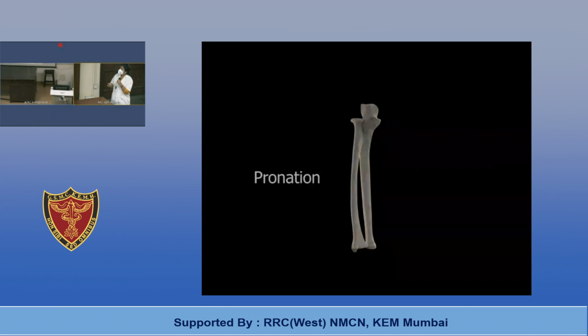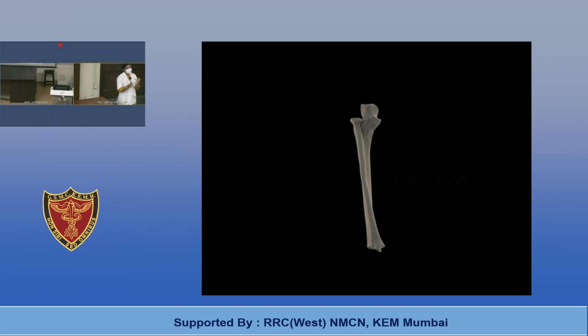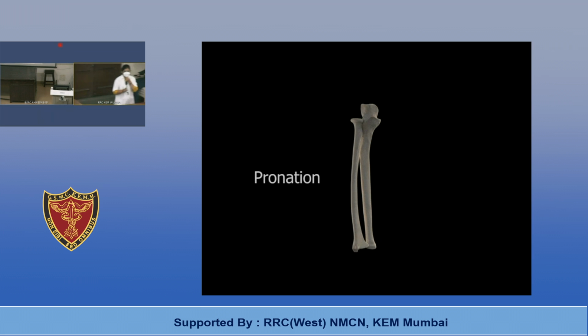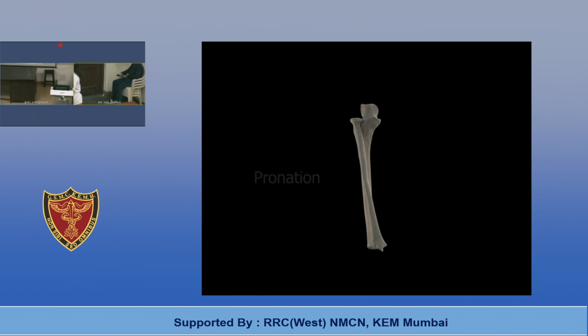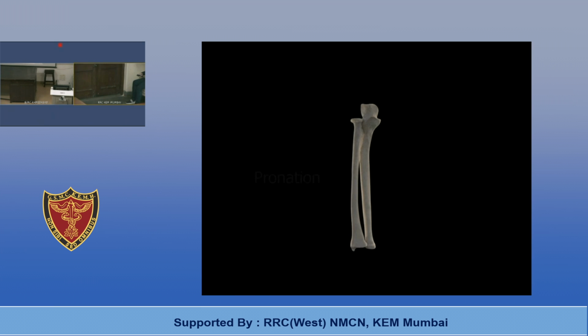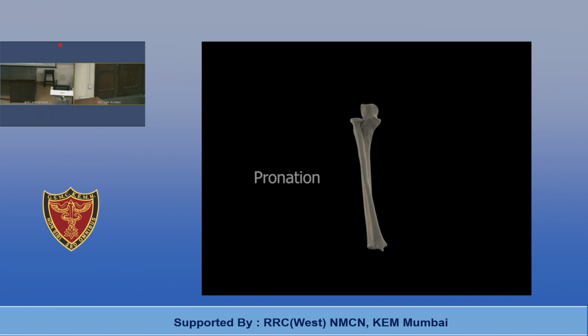So pronation and supination: a ring is formed, so what is rotating? There are many pivot joints. We have already covered head, face and neck. What is the difference between the pivot joint seen in the head, face and neck region and the pivot joint seen here?